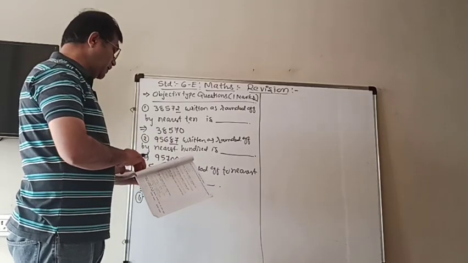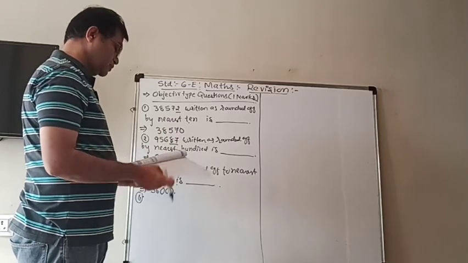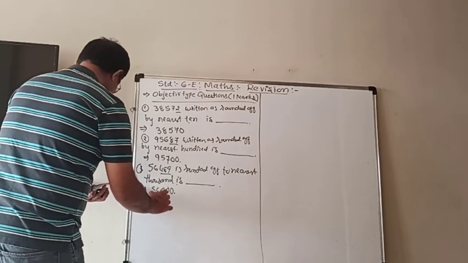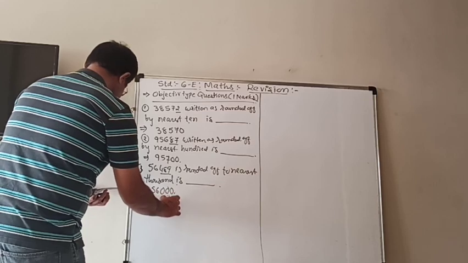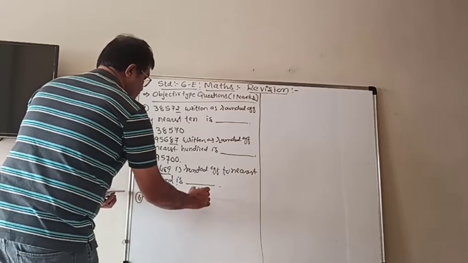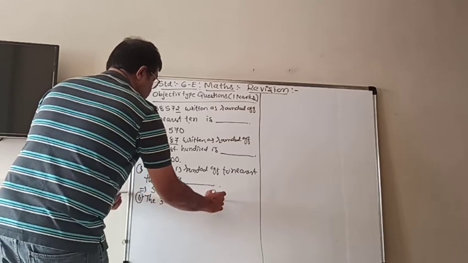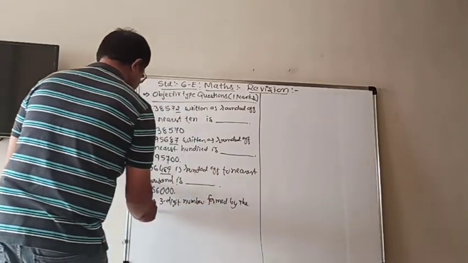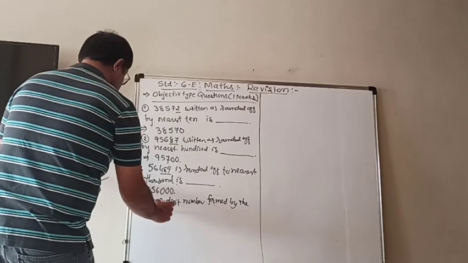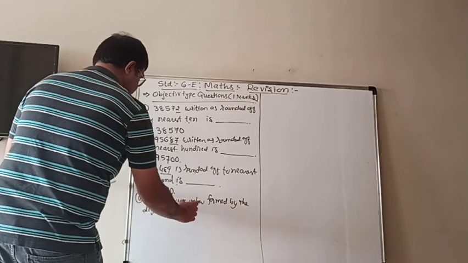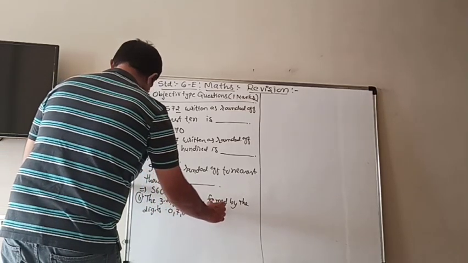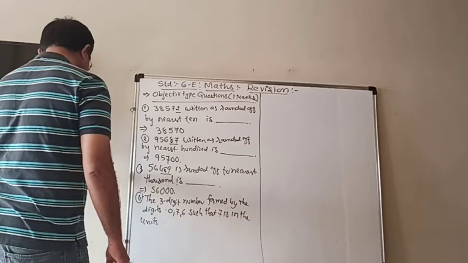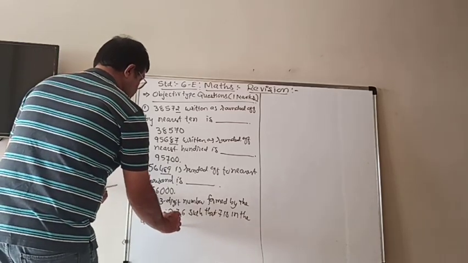Then let's do some other ones. The 3-digit number formed by the digits 0, 7, 6 such that 7 is in the units place is blank.